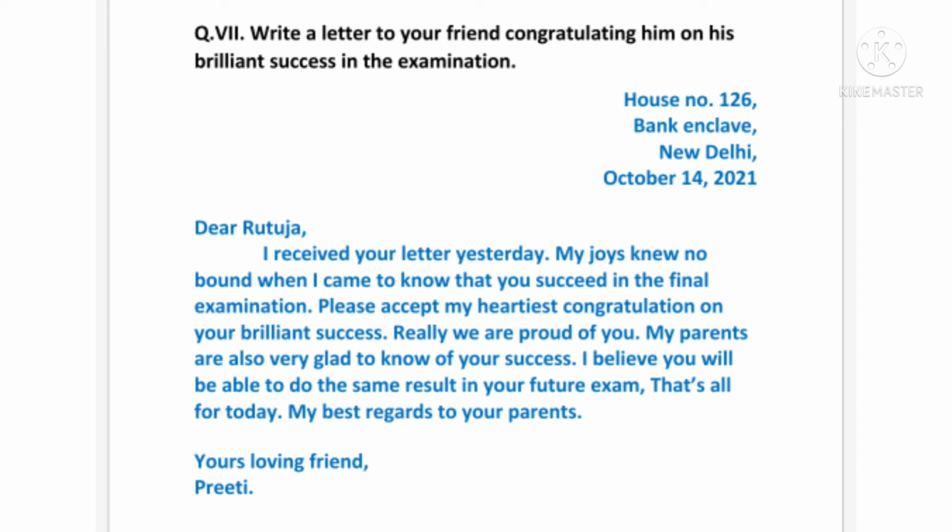Then on the left side, you will write the salutation, which means dear, and then whomever you are writing the letter to. And then put a comma, and start with the body. As you finish writing the letter, at the end you will write your loving friend, your loving daughter, or whatever it is. Put a comma and then you will write your own name. Understood?